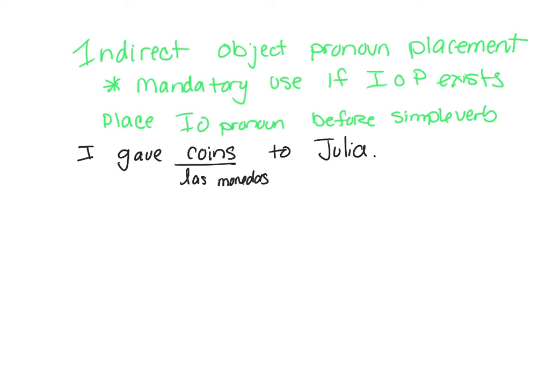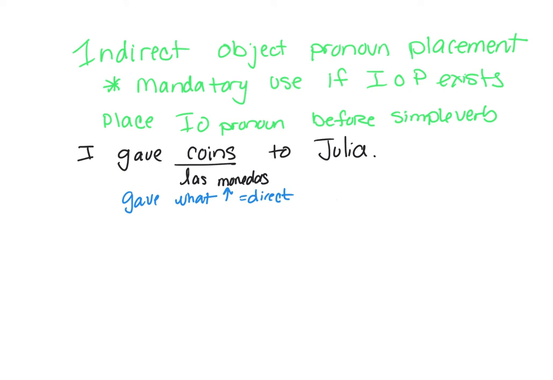Okay, so looking at our question then, I'm going to say gave what, and that is going to get me las monedas, so that means they're direct, and I'm going to replace them with las if I want to, or I can just leave them this way. Since we're not practicing our direct object pronouns so much and we don't want to do doubles, we're just going to know that that's your direct object right there, and we'll leave it there.